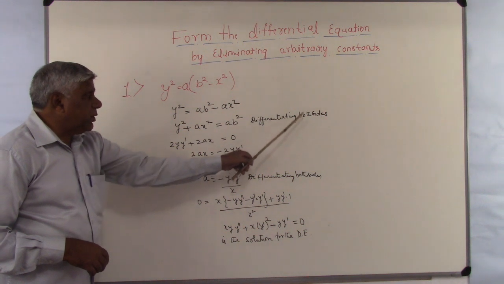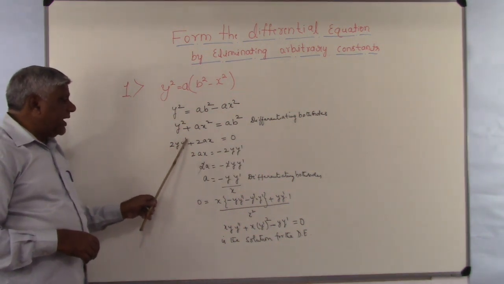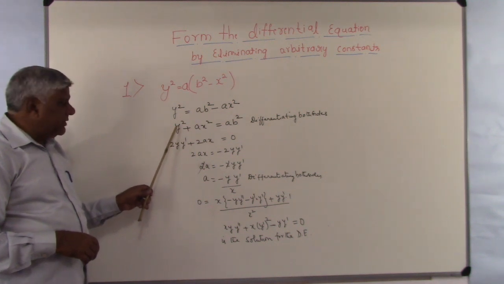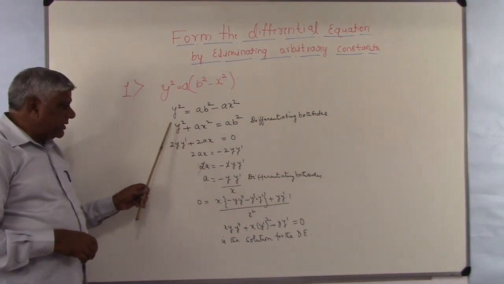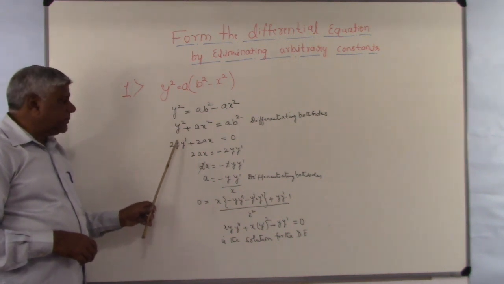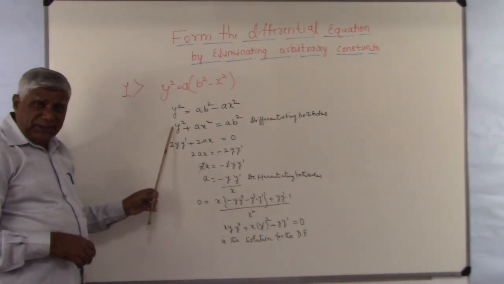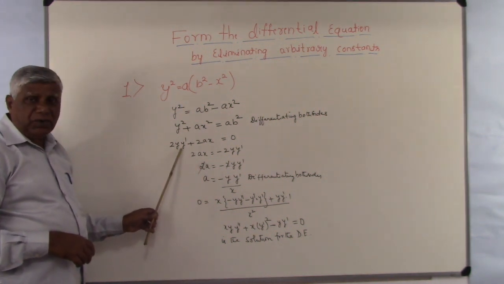Now differentiate both sides. Now this is 2y into y dash. This is the differentiation of dy with respect to dx, and first we have to differentiate with respect to y, then with respect to x, second we have to do it.